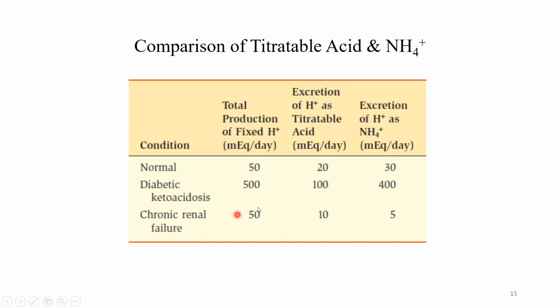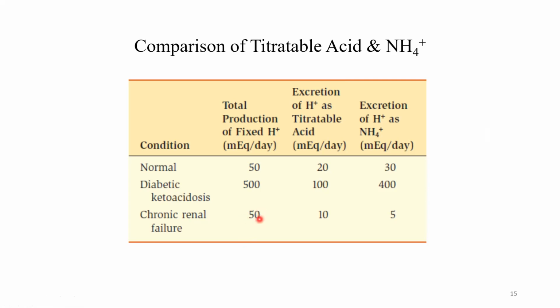why has this total production been limited to 50? It is because the GFR has gone down. There is less production of the filtrate, and hence a smaller amount of the whole thing is coming through.